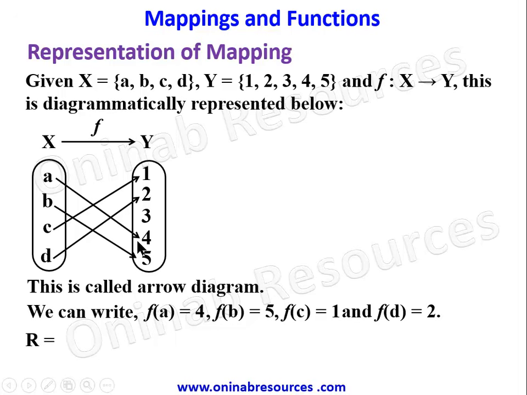And the range is all the elements in Y that are images of elements in X. So we have them as 1, 2, 4, and 5, with the exemption of 3. So that is all for representation of mapping.